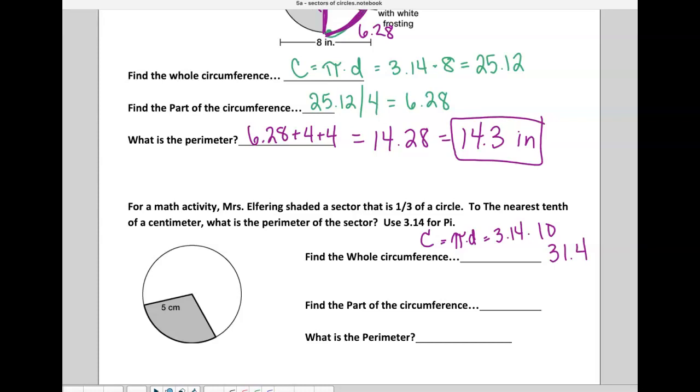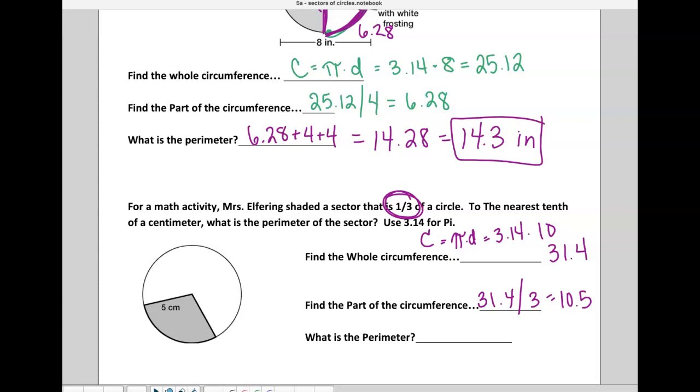What part am I trying to find? I'm trying to find 1/3 of the circle. So what do I do with 31.4? 31.4 divided by 3. You should get 10.5, rounding to the nearest tenth.